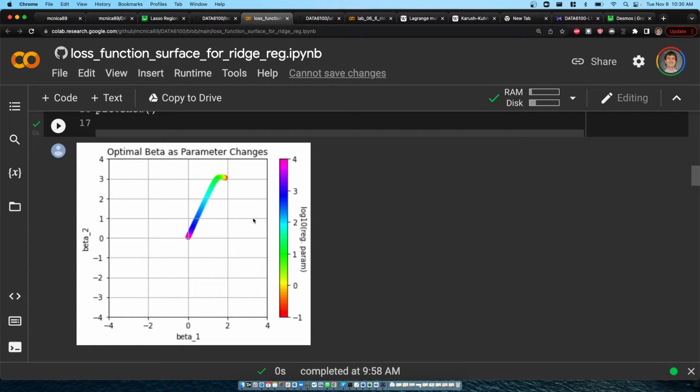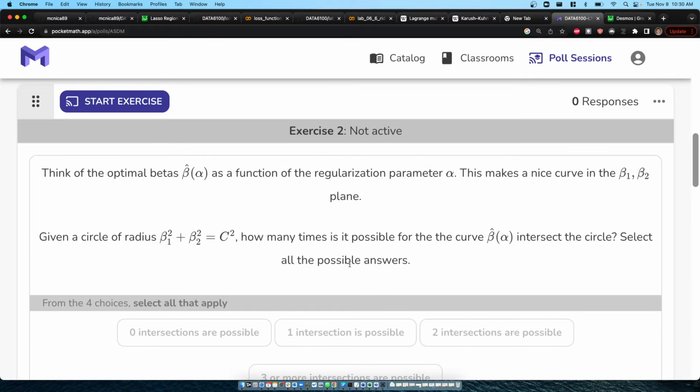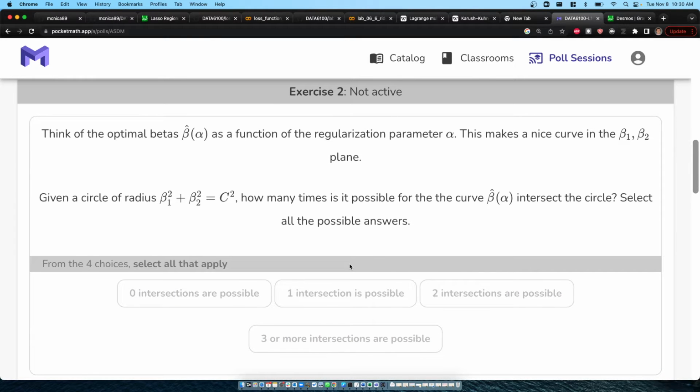Okay, so here is the important question to ask about this guy. We're going to think of the optimal beta for this guy. We're going to call that beta hat of alpha, right? So by definition, beta hat of alpha is this guy. The colon equals means, by definition, beta hat of alpha is this. And it depends on alpha because when you change alpha, you get a different answer every time.